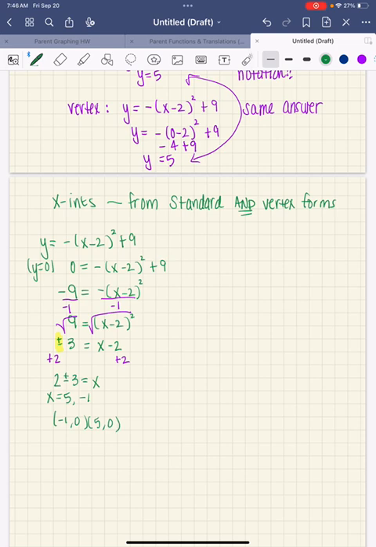The other way to do it is via standard form. And the standard form problem I gave you was negative x squared plus 4x plus 5. Okay, so I'm going to set it equal to 0, and I'm going to factor it. I find it difficult to factor if a is negative, so I'm going to divide or multiply everything by negative 1.